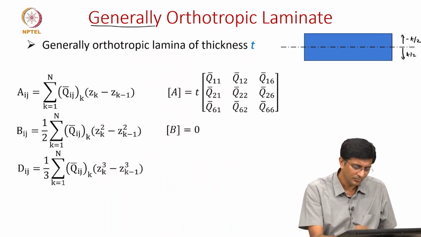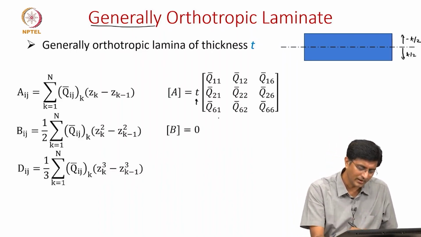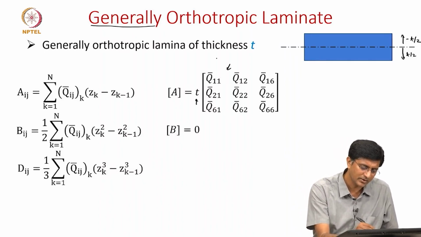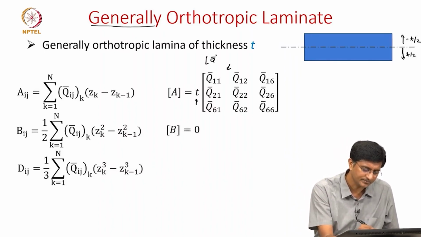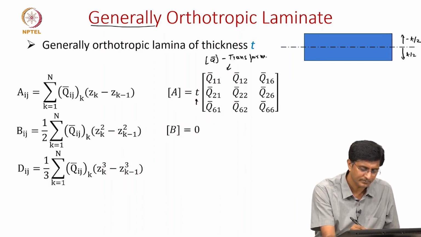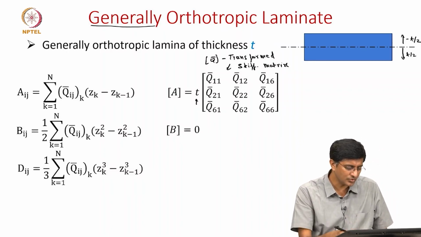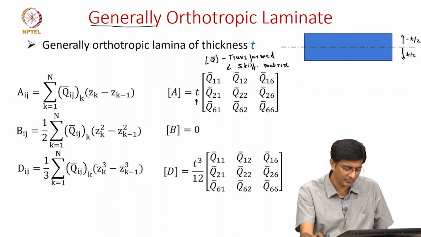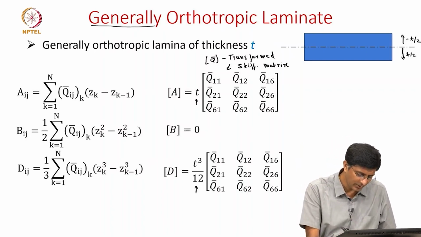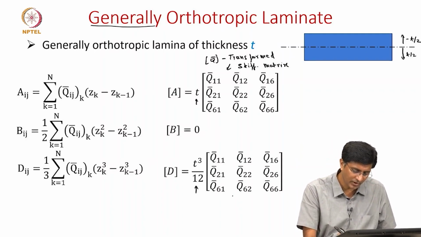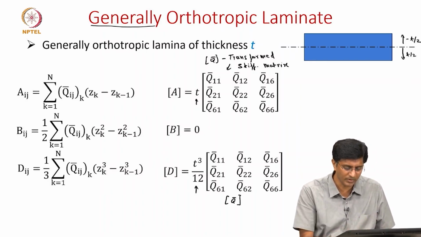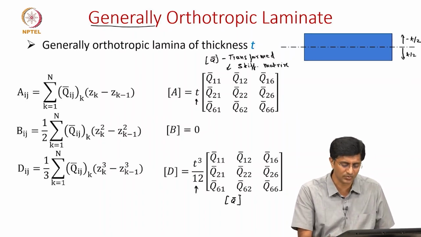So here we still get this T, and this transform stiffness matrix is what we are looking at. Same thing goes with the D matrix. So like previous slide, we have this term T cube by 12, and here we have this Q bar. Since we are working with a generally orthotropic, we have to work with the transform stiffness matrix Q bar.